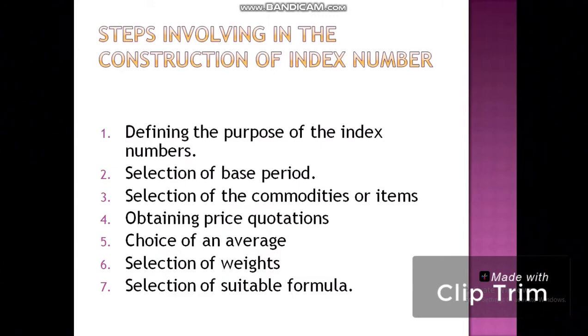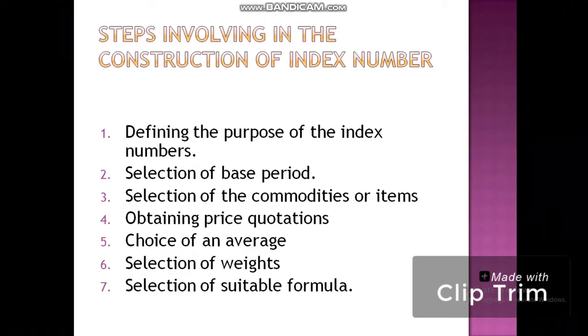I repeat, we'll consider the quantity of produced goods or quantity of consumed goods of the current year or of the base year or the combination of both as weights.